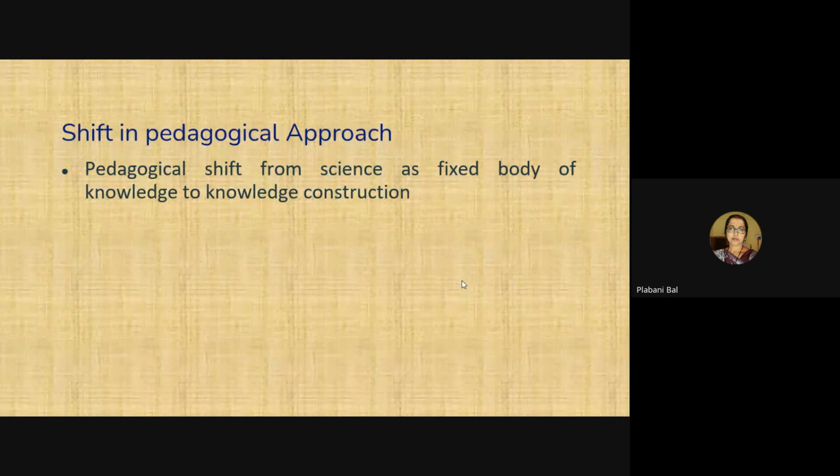So this shift is from teacher to learner. The role of classroom discussion in promoting critical, creative, and reflective thinking of learners, and collaborative participation in the classroom, have been identified as central to the construction of their knowledge. Okay.